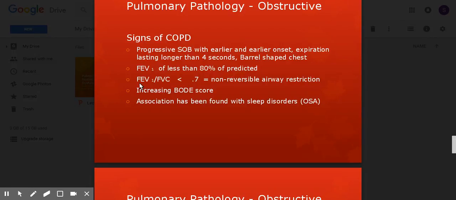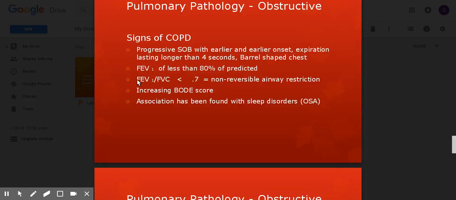And their ratio of FEV1 compared to their entire forced vital capacity will become less than 0.7. This is considered a hallmark threshold for non-reversible airway restriction.